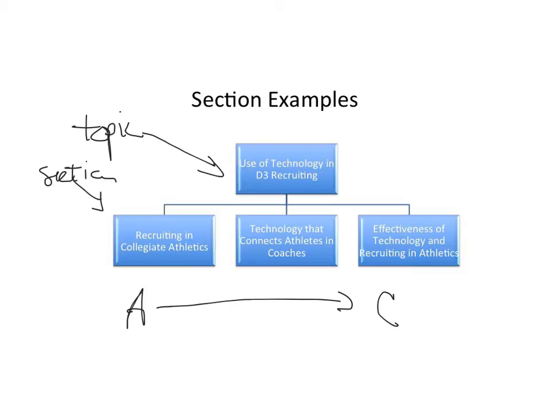This student's topic was use of technology in Division III recruiting, and this was a real student's topic, and I kind of played around with the sections. The first, most allied section would be general information about recruiting and collegiate athletics. Then the second section, technology that connects athletes and coaches. And then finally, the most critical section, effectiveness of technology in recruiting athletes, which you'll see most closely relates to the topic.